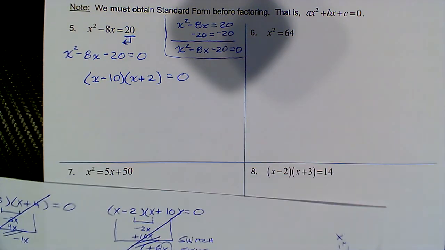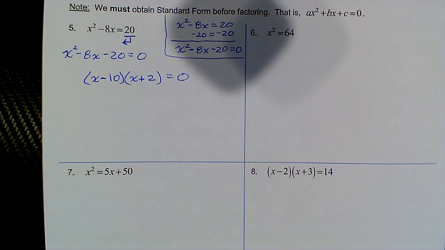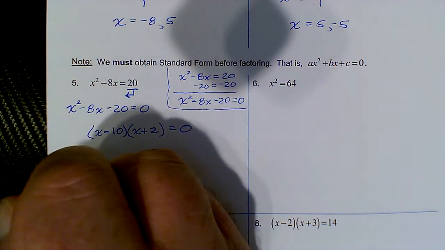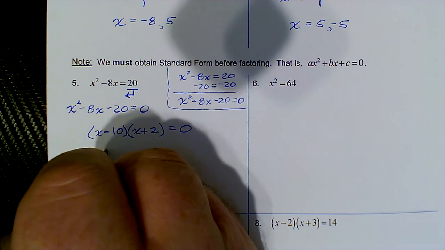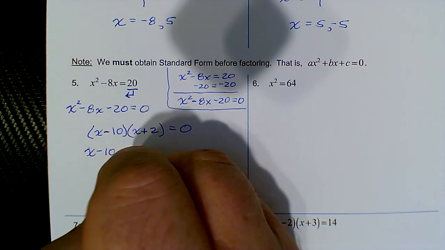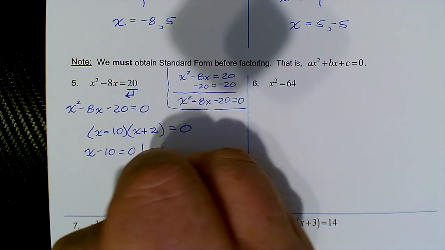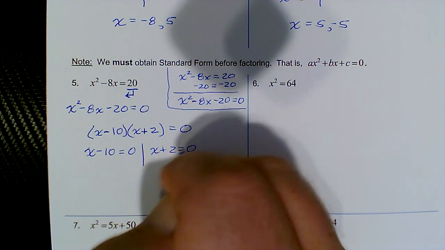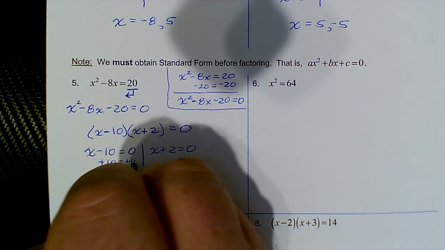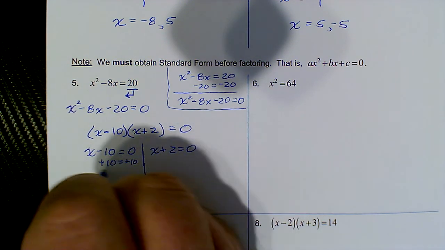So again, your choice in terms of how you want to go about the factoring. But once it's factored, set each factor to 0. So x minus 10 is 0, and x plus 2 is 0. Then we solve each of the resulting linear equations. For this first one, we just add 10 to both sides.